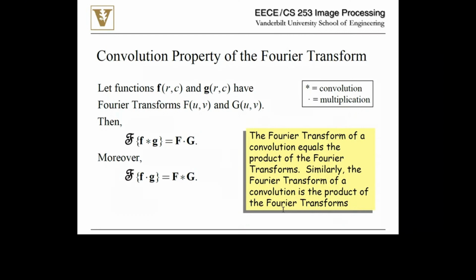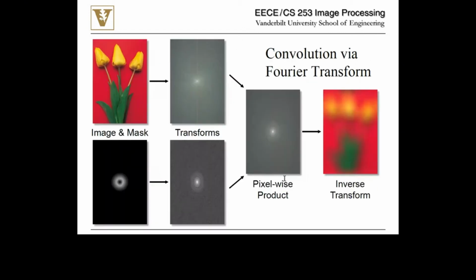Okay, so this one is called windowing. This one is called filtering. So in a window, you're applying the window g on the input function f, the input image f. Okay, but for the moment we don't need the windowing theorem.